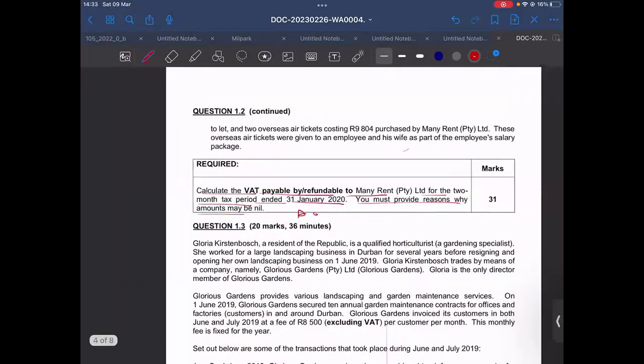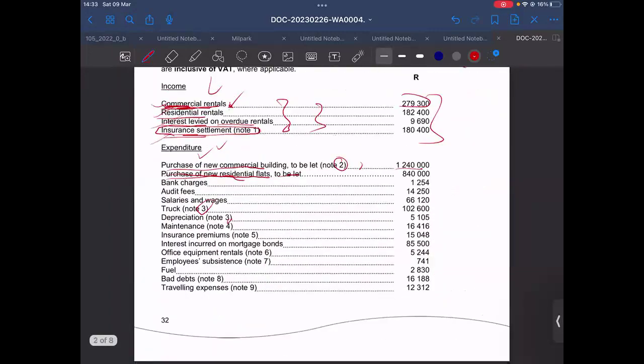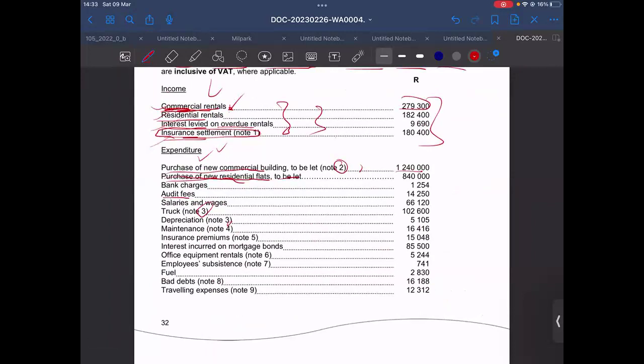Then we move on to the next one. Next one, we have audit fees. There's no note accompanying it. Audit fees relate to the whole business.